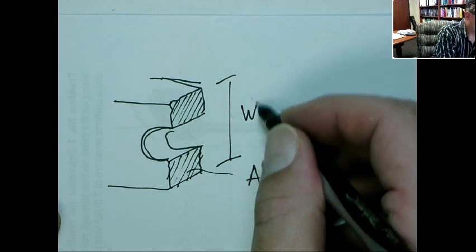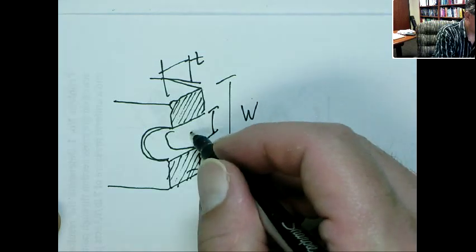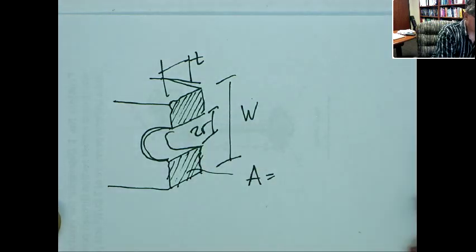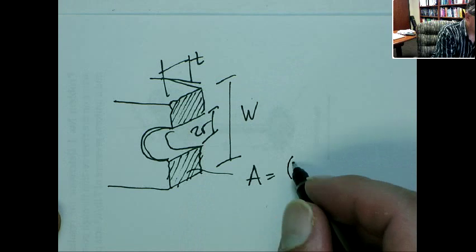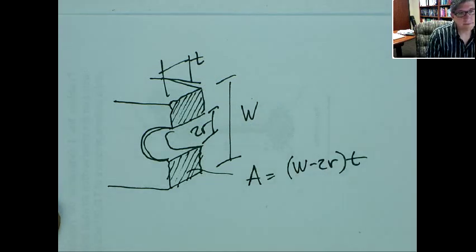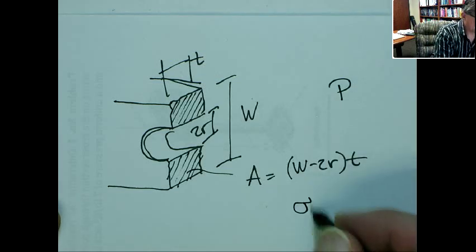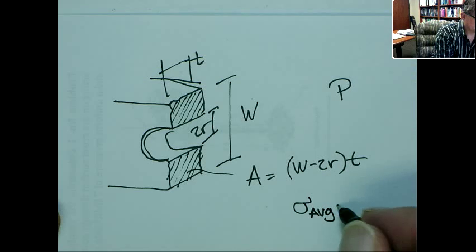This is the width, this is the thickness, and this is the diameter, 2r. And there they're saying the area is the width minus 2r times the thickness. And if you apply a force P on there, the average stress is just going to be that P over (W minus 2r) times T.